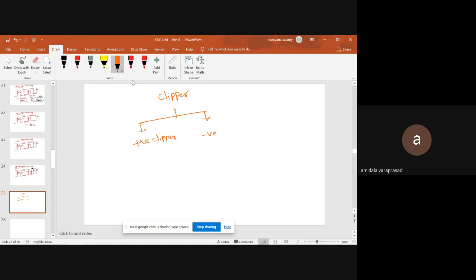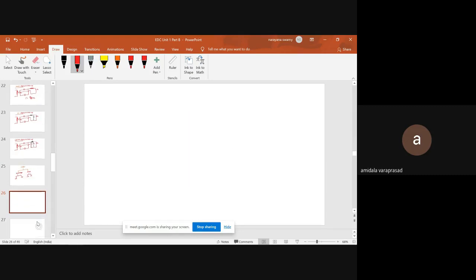Okay, the basic positive clipper, series clipper, shunt. Series clipper, shunt. This one series clipper, we have positive, but here also positive.